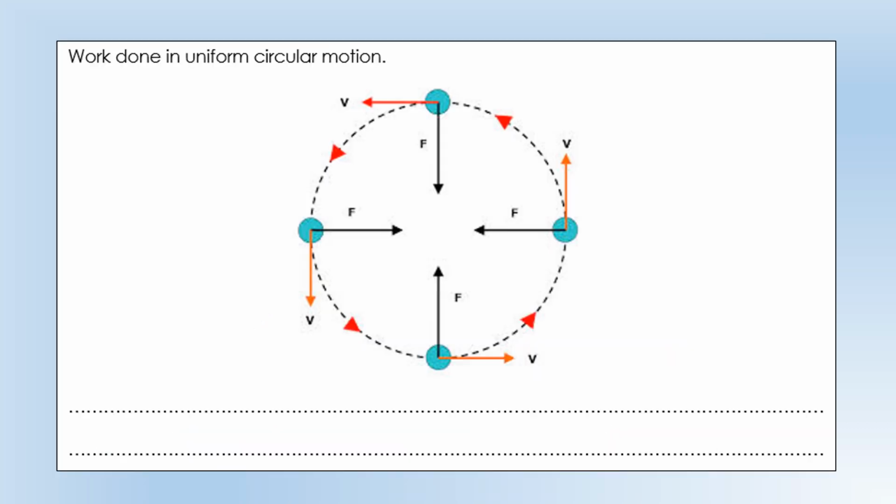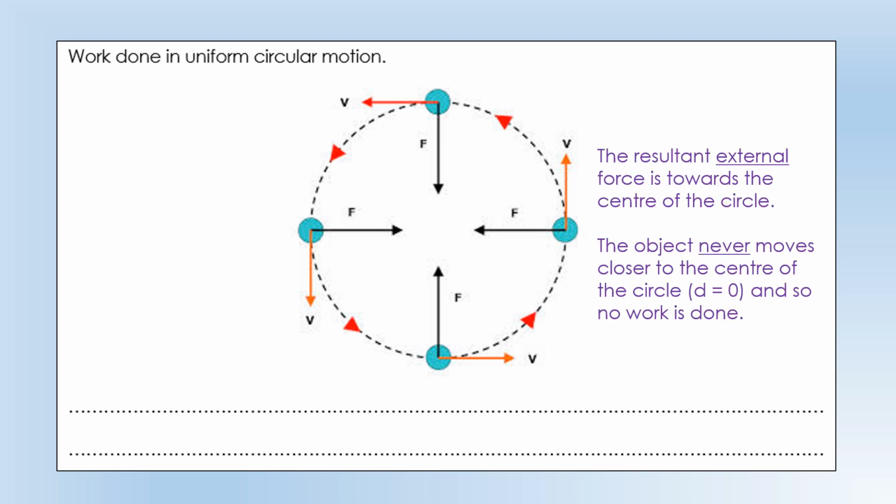Okay. So let's go back to something that we've met before, the idea of an object in uniform circular motion. So in this case, the resultant external force is directed towards the center of the circle, but the object never actually moves closer to the center of the circle. It stays at the same radius the whole time.